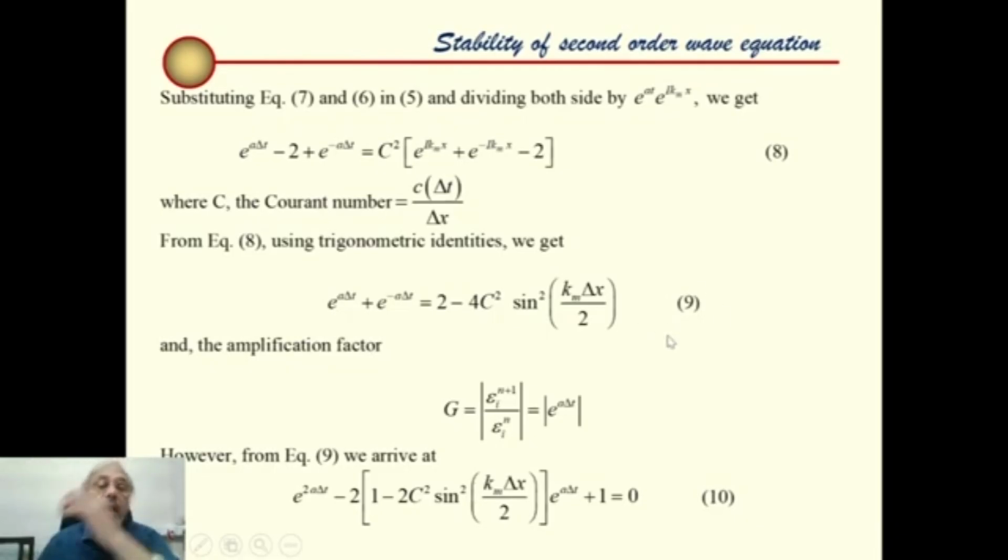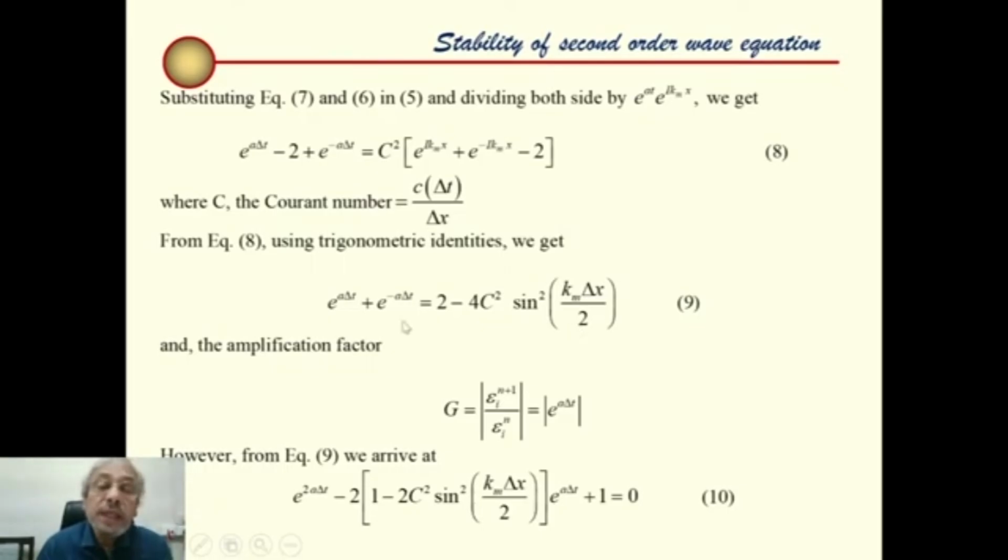And again the amplification factor is epsilon at ith location at n plus 1th level divided by epsilon at ith location at nth level, the modulus of this is the amplification factor. So we can write modulus of e to the power a delta t, and that should be less than or equal to 1.